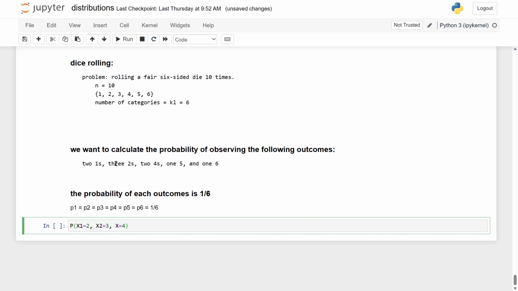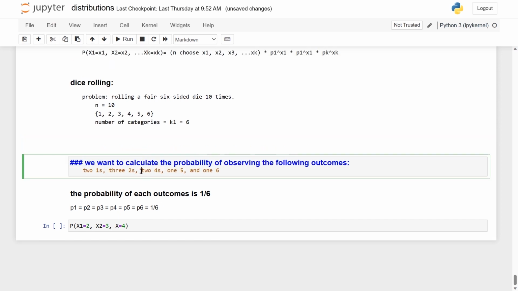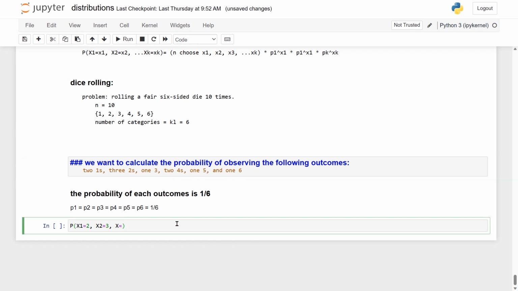So x4 is equal to 2, then the remaining are 1 each. x6 is equal to 1. That's it. Now you just have to replace these things in our formula.